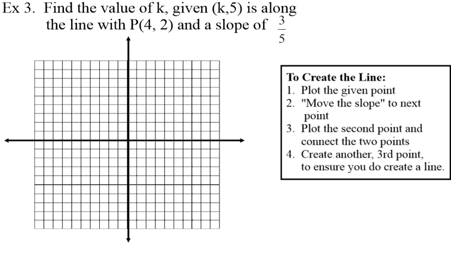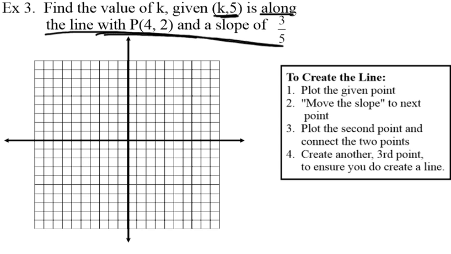Now, we do have some questions that sometimes we can use slope that make you think that aren't totally straightforward. We want to find the value of K, because we know we have point K, 5, but we don't know what K is. But we know it's along the same line with this information.